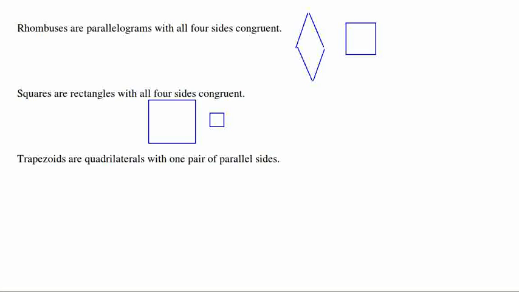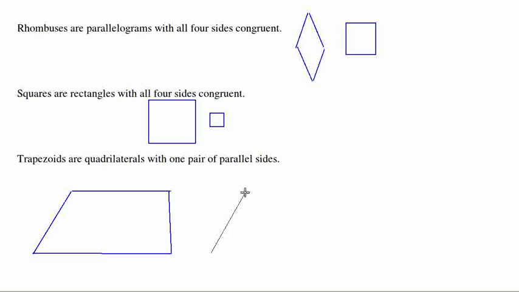And then trapezoids are quadrilaterals with one pair of parallel sides. Okay, so in that example, I have two horizontal sides that are parallel.